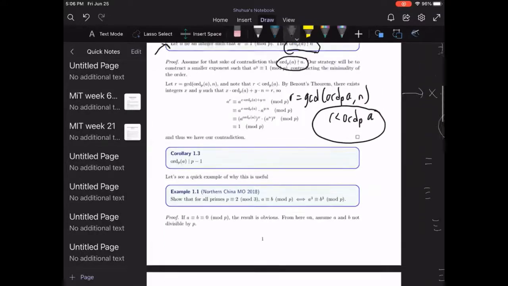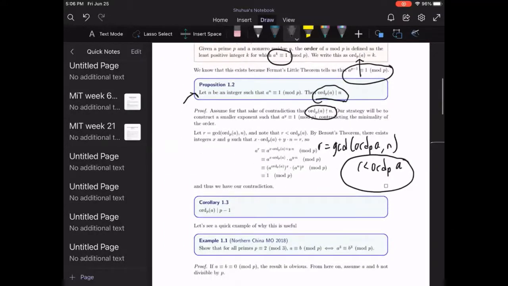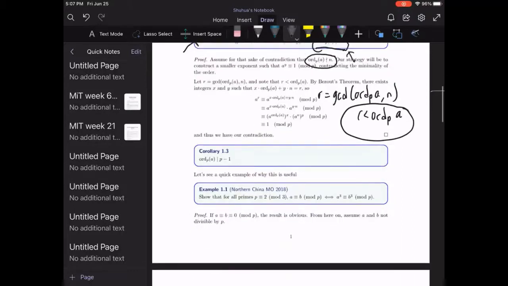As a quick corollary, order mod p of a always divides p minus 1, because by Fermat's little theorem a to the p minus 1 is congruent to 1 mod p. If you plug in p minus 1 as n, this tells us that order mod p of a divides p minus 1.